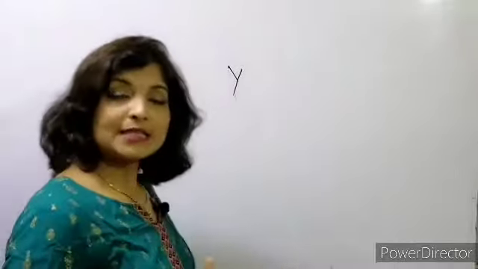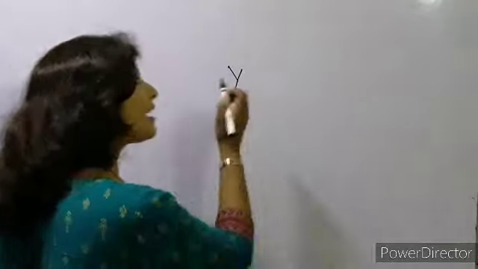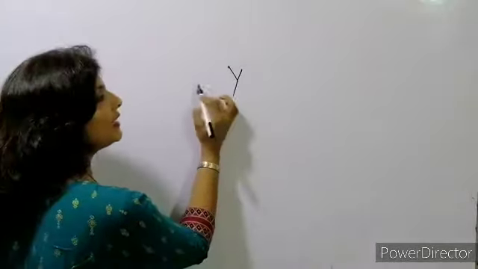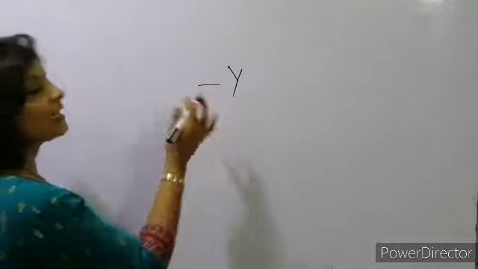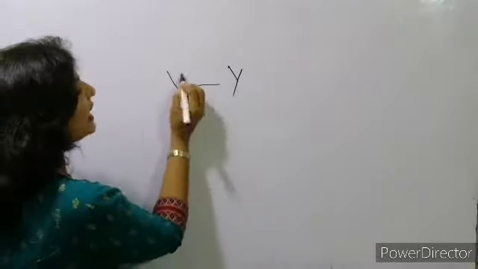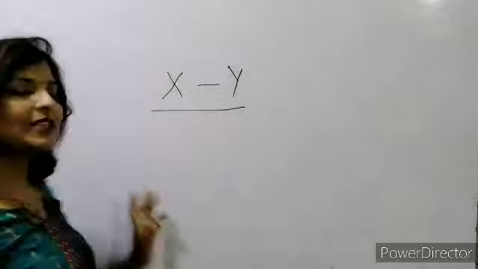The n-bit subtractor is used to subtract the n-bit binary value y from another n-bit binary value x. So if an n-bit binary value is there, for that we need an n-bit subtractor. Okay. So it's basically simple.